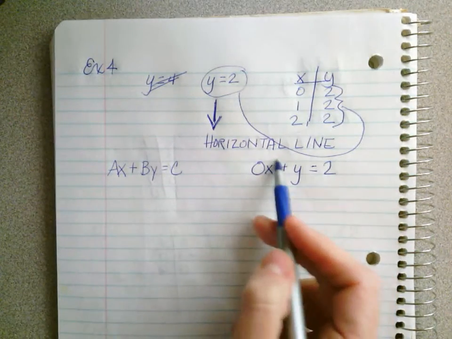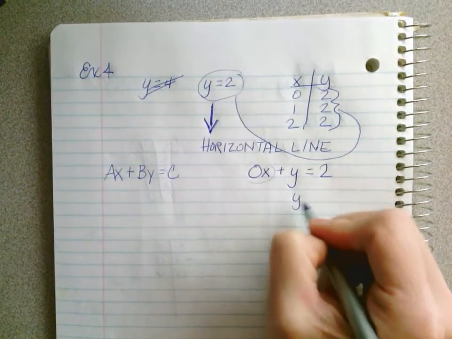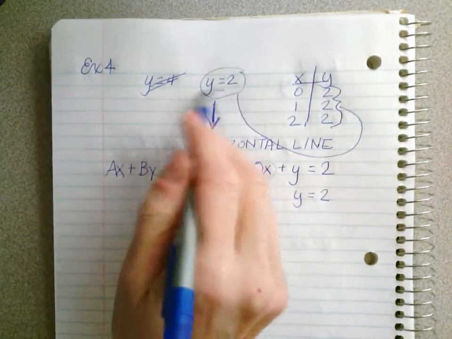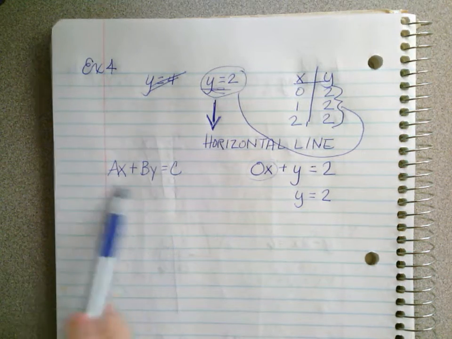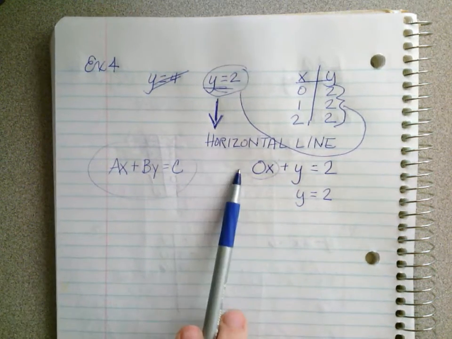And if you got rid of the 0x, y is 2, which is exactly what that is. Okay? That's how this can translate into that.